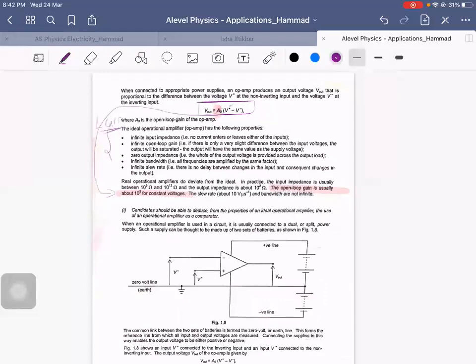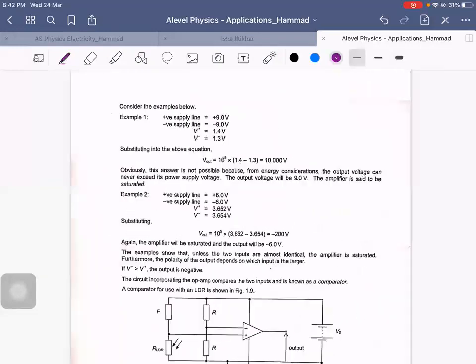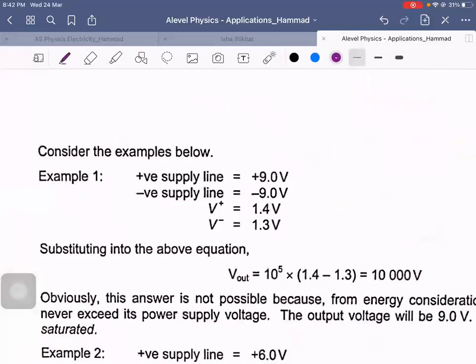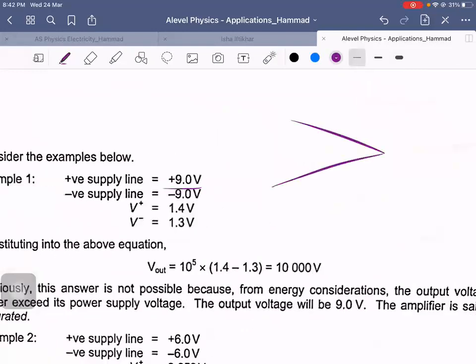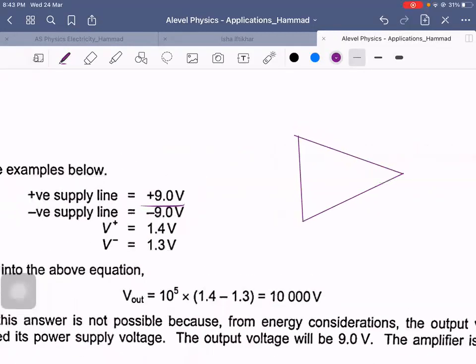Moving forward, let's say your positive supply line was at 9 volts. This is the negative.